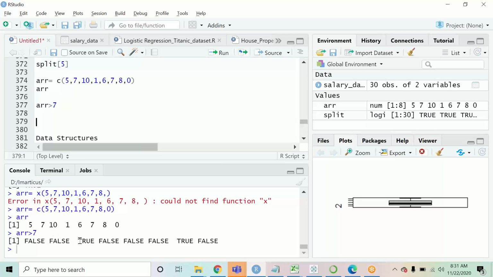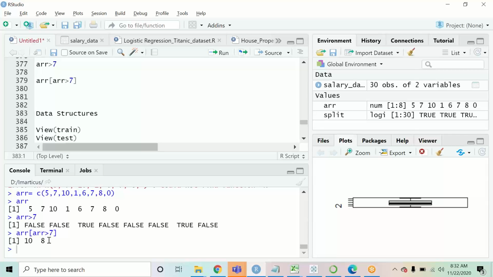So if I pass this array inside this, it will only throw those values which are true. I have an array over here, so what I can do is simply pass that I would like to see the values which are more than 7, so which are true in my logical condition. Okay, so now I get only those values, 10 and 8.